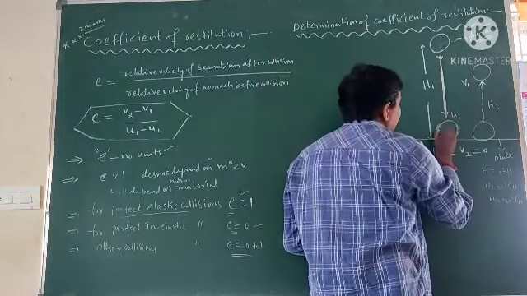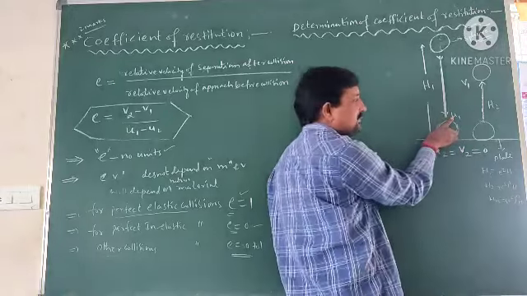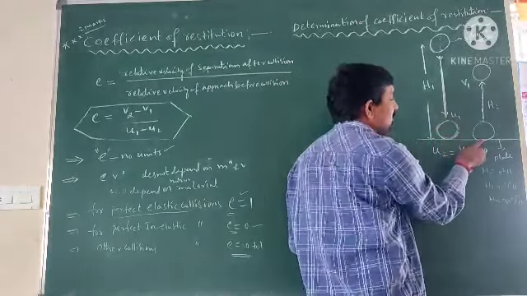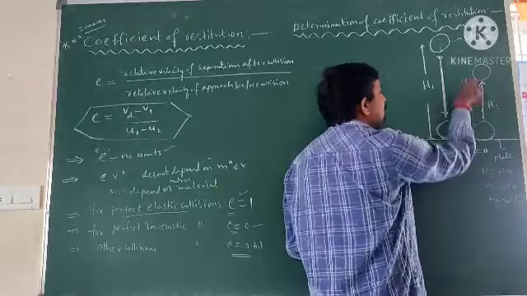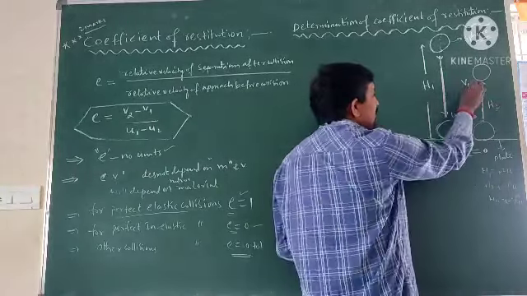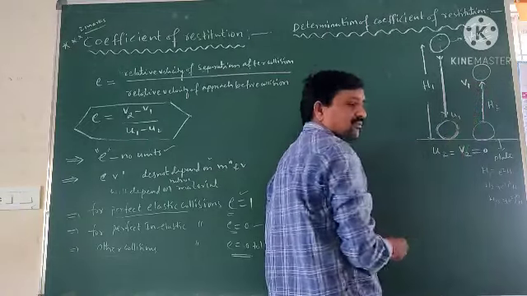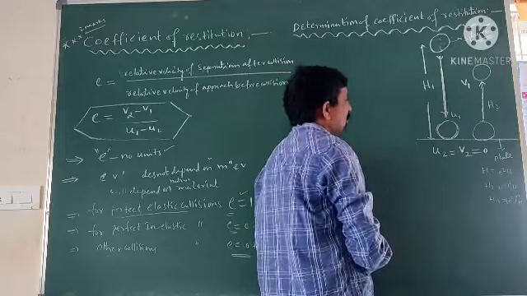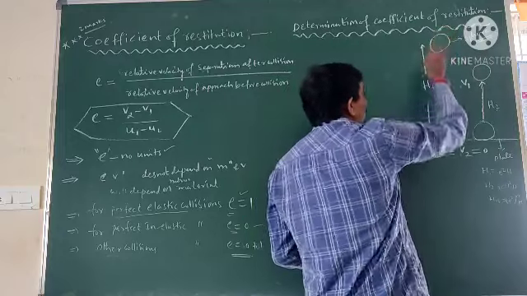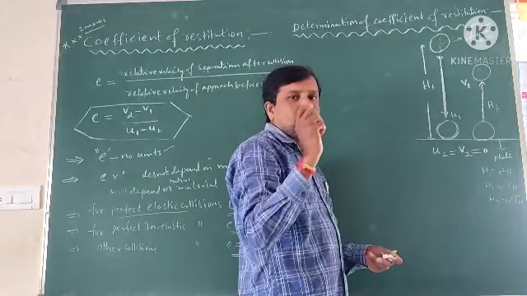Okay. The sphere hits the plate with u1 velocity. After collision, the sphere rebounds with a height h2. The final velocity of the sphere is v1. Okay. So let's consider one sphere.